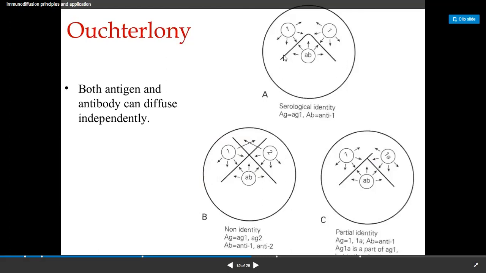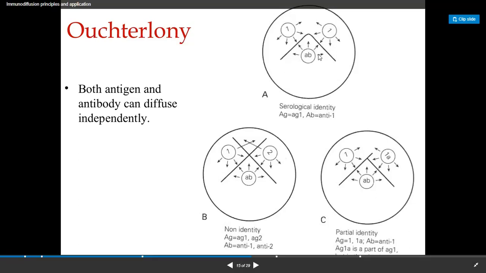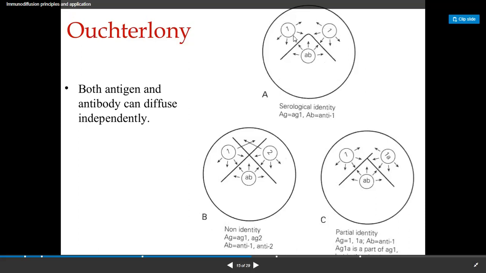So we get this shape after incubation. If we get this shape, we can identify that the antigens are identical. These two antigens are identical.